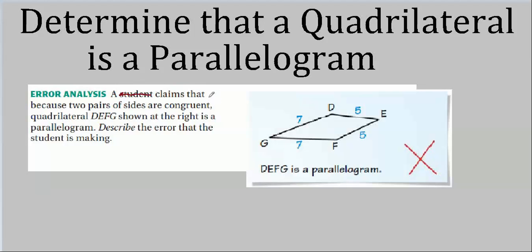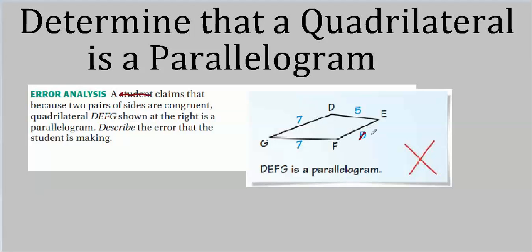They claim that two pairs of sides are congruent. Well, they came close. Opposite sides have to be congruent. Here we have adjacent sides that are congruent. And that's just borderline silly, because everybody knows by now it's the opposite sides that have to be congruent.